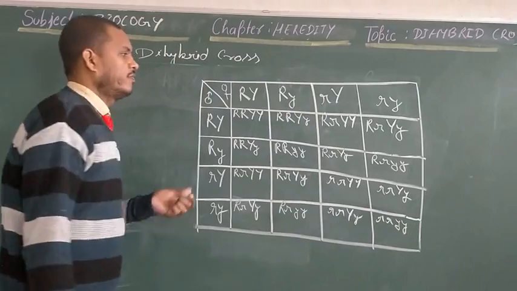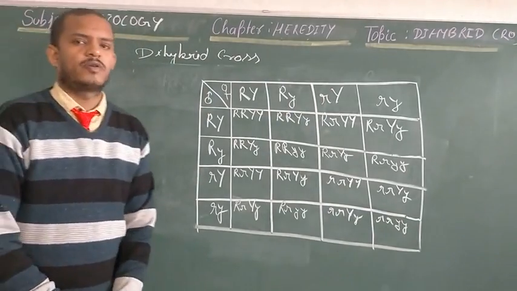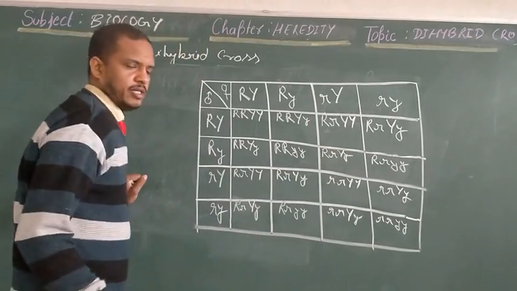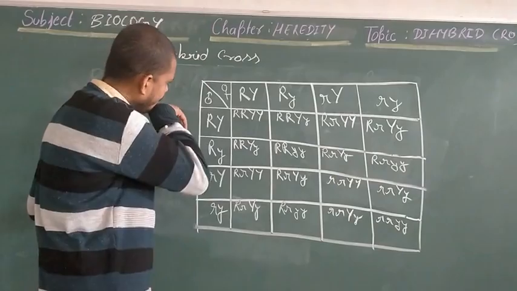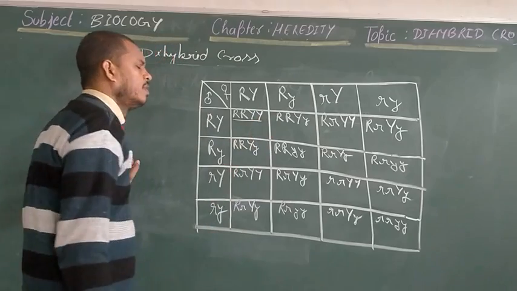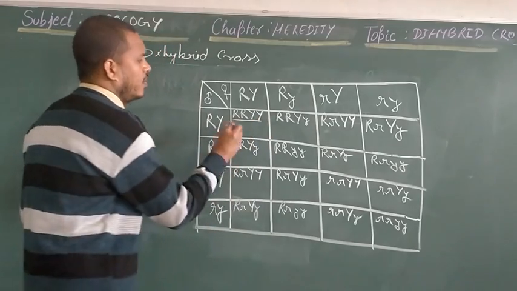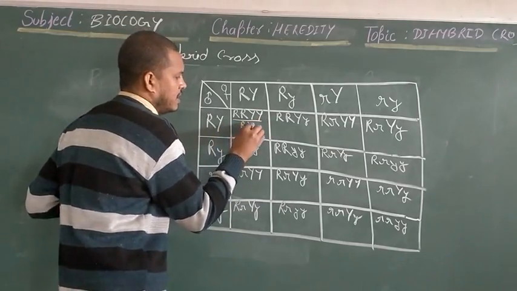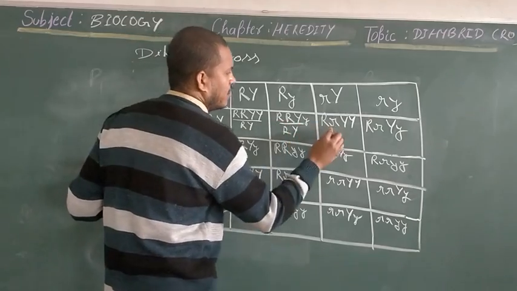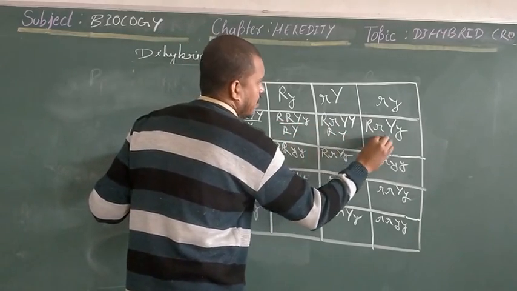So this is what you will get in the F2 generation. See here, depending on the genotype, you can find out the phenotype. This is going to be round yellow, round yellow, round yellow, round yellow.